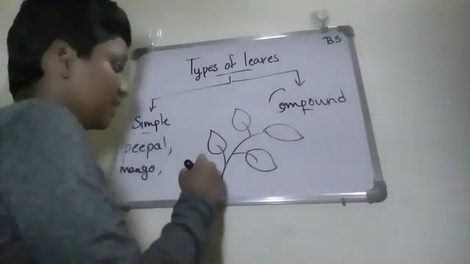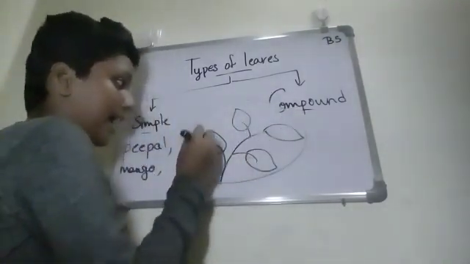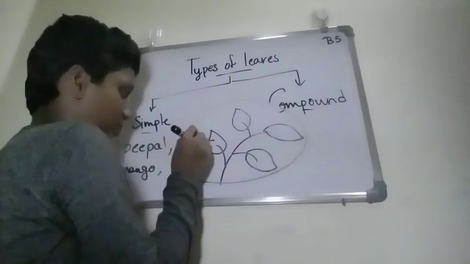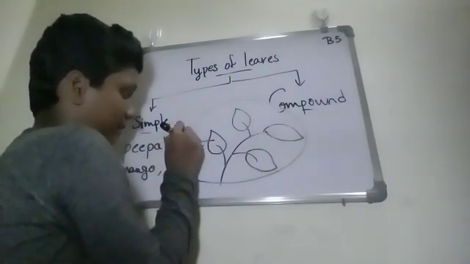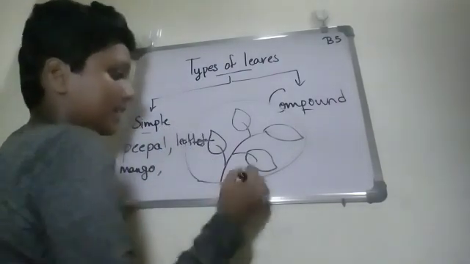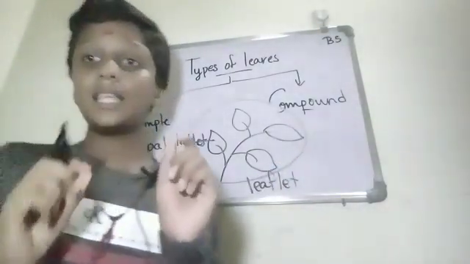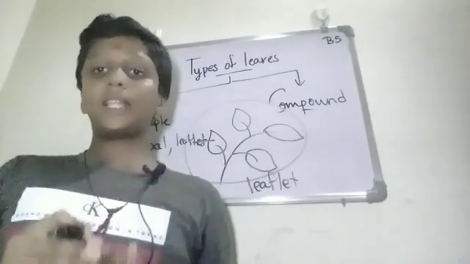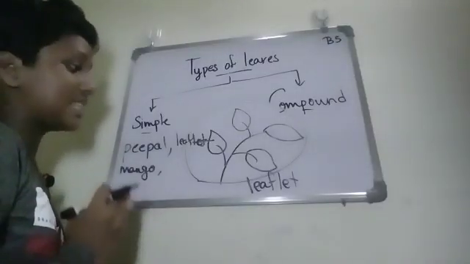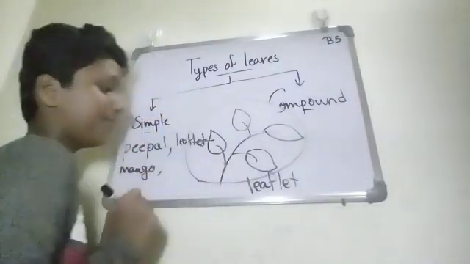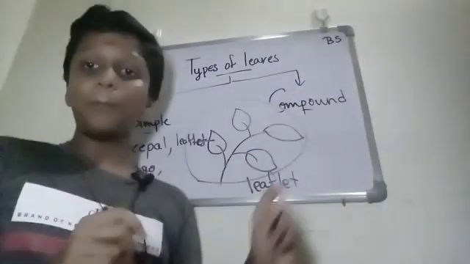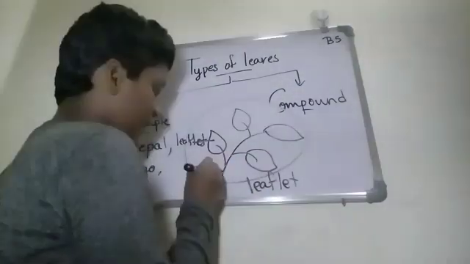But understand, this whole thing is a leaf, and this is not a leaf. This is actually a leaflet. A leaflet is the divided portion of the lamina. It imitates a leaf, and the petiole in a compound leaf is called the rachis.